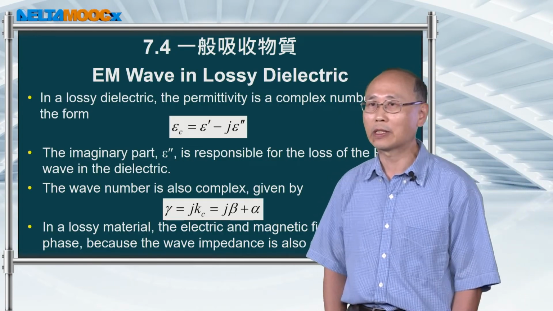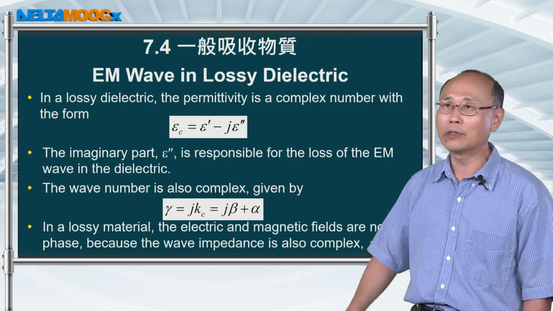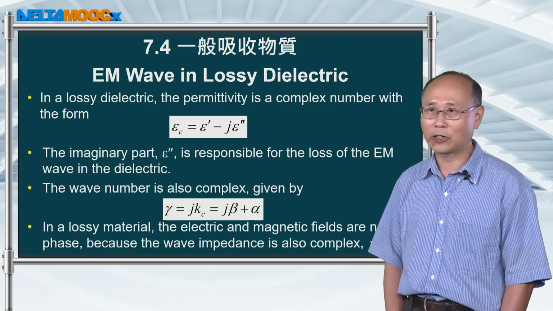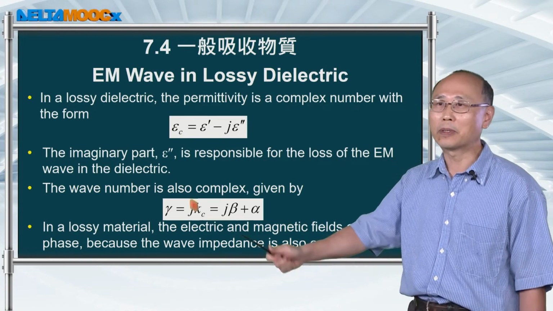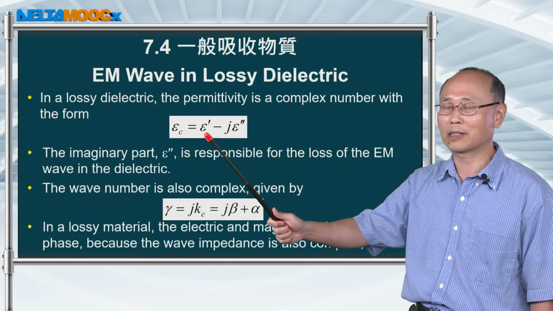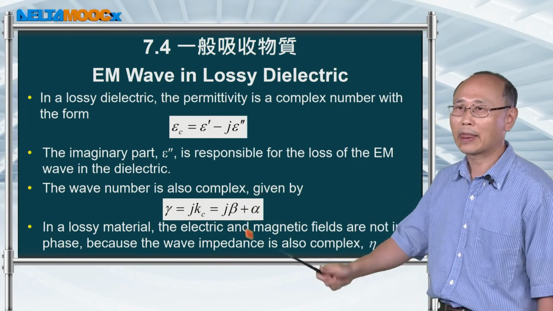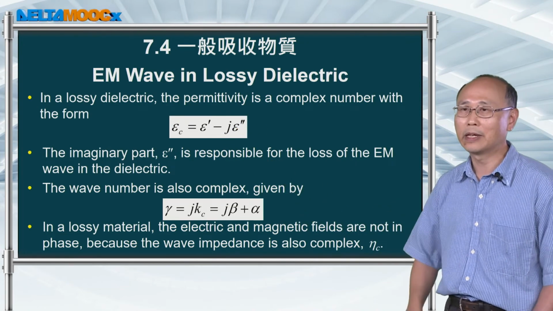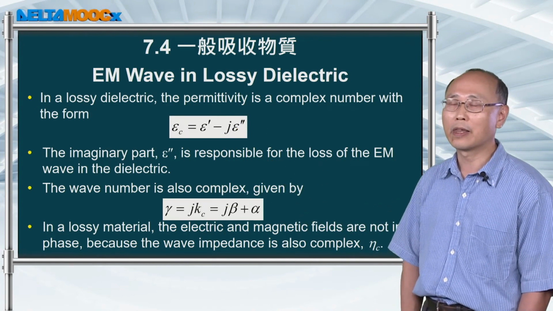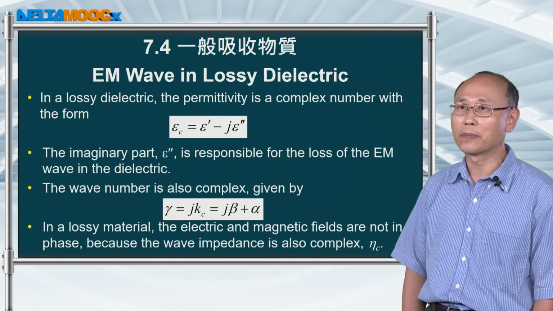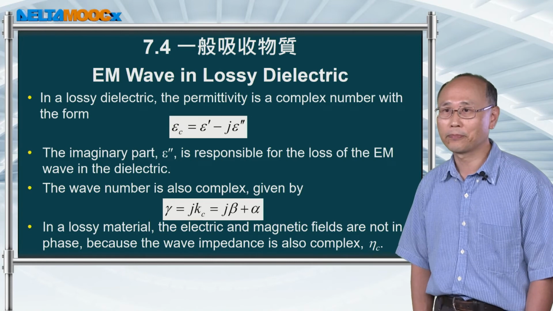So in this session, I have introduced to you electromagnetic waves in a lossy dielectric. And in general, the permittivity of a lossy dielectric is given by this complex permittivity. And the imaginary part of this complex permittivity is responsible for the attenuation or the absorption of the wave inside the material.